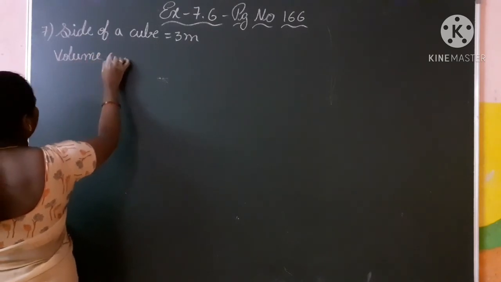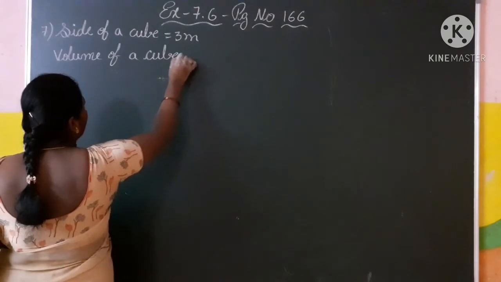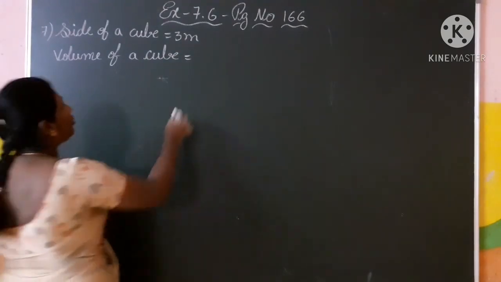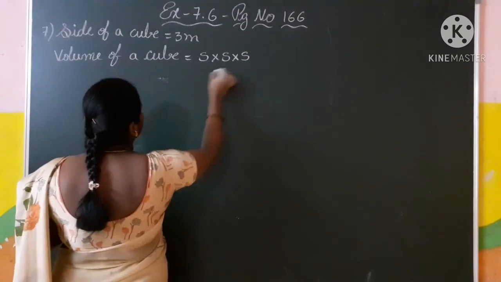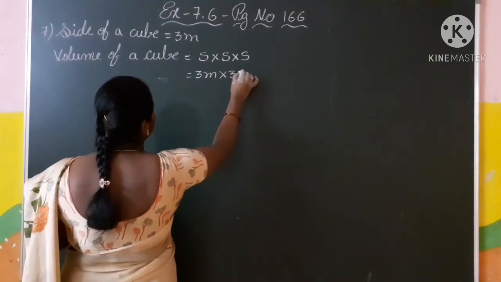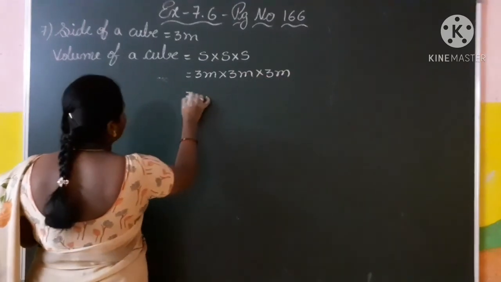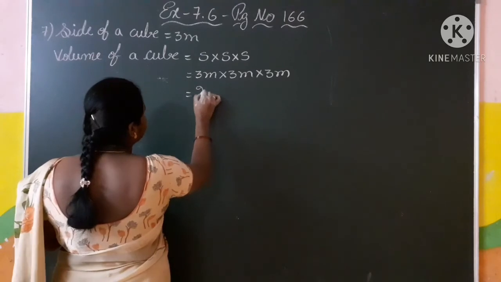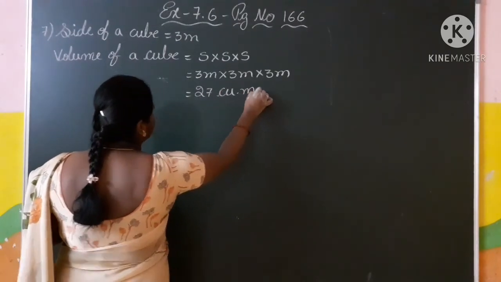So the volume of a cube. What is the volume of a cube formula? Side into side into side. So it is 3 meters into 3 meters into 3 meters. 3 3s are 9, 9 3s are 27 cubic meters.